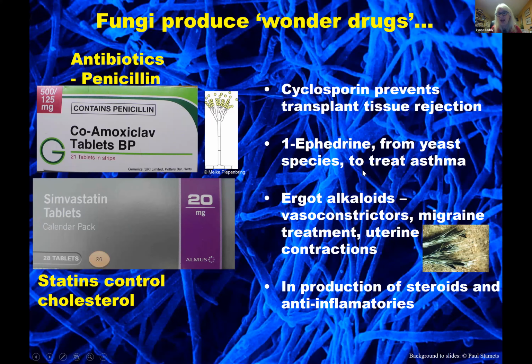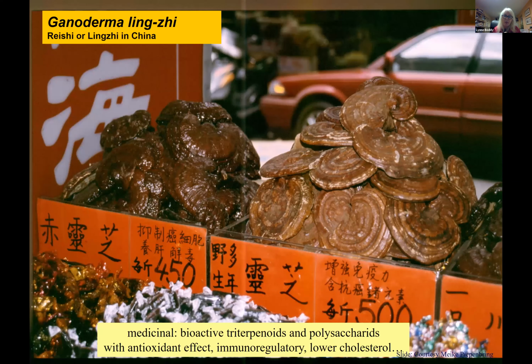Ephedrine treats asthma. Ergot alkaloids are used as vasoconstrictors and migraine treatments and to induce uterine contractions. And they're also used in the production of some steroids and anti-inflammatories. So they're very important from a medicinal perspective. And of course, many cultures use herbal remedies and fungal remedies.